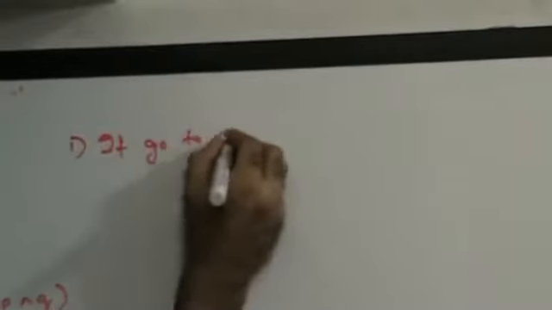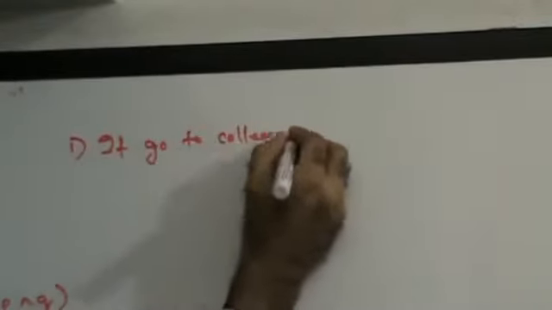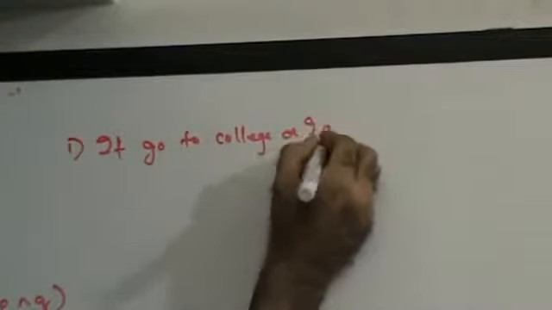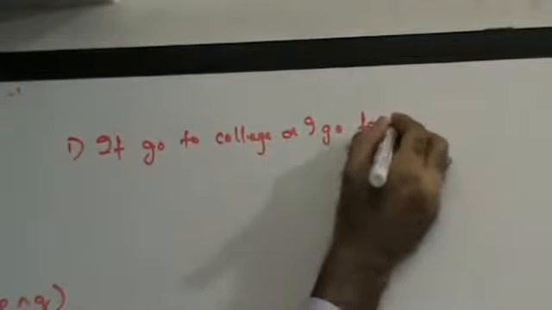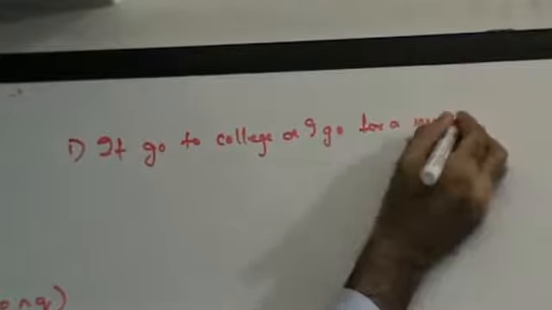First one: I go to college, or I go for a movie. One sentence. Right?